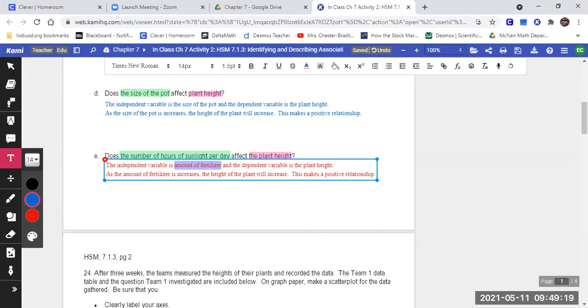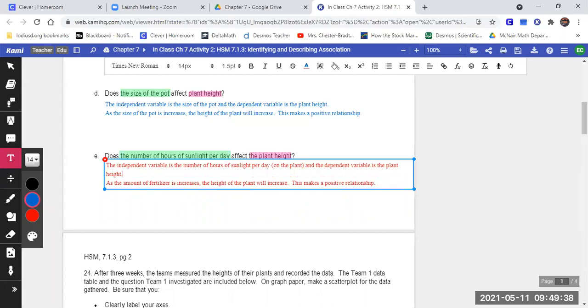The number of hours of sunlight is something we have control over. Yes, the number of hours of sunlight per day. Now, I'm going to add in this little parentheses on the plant.